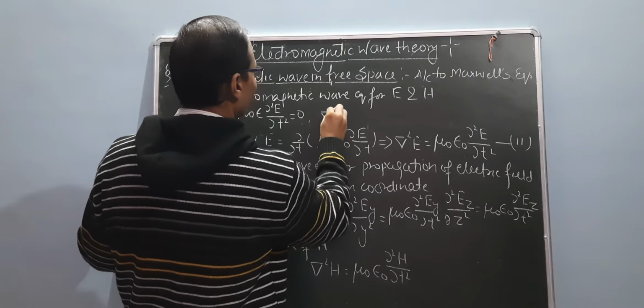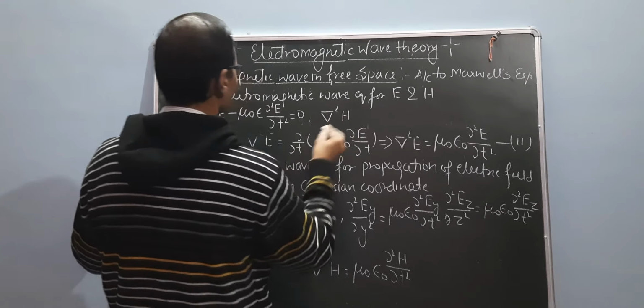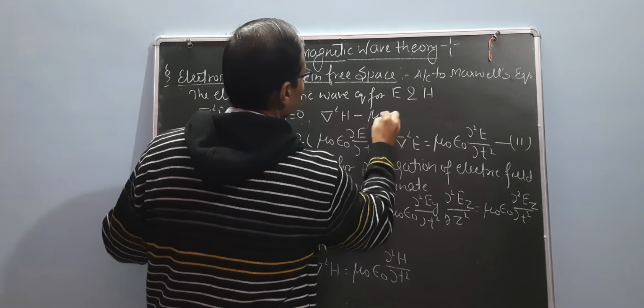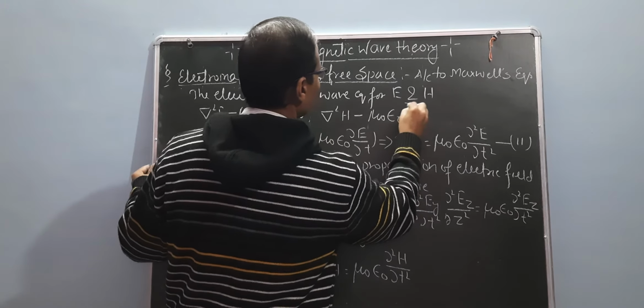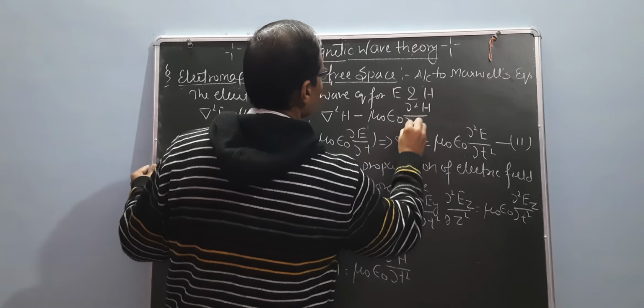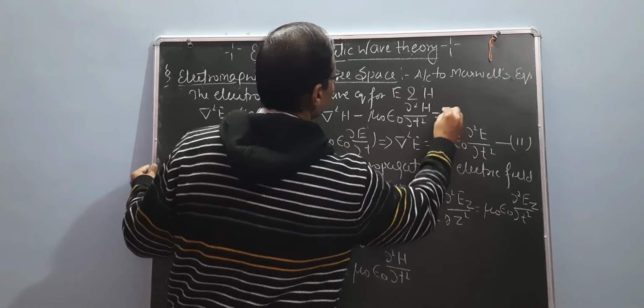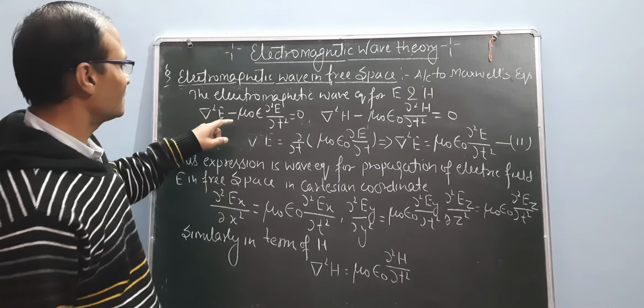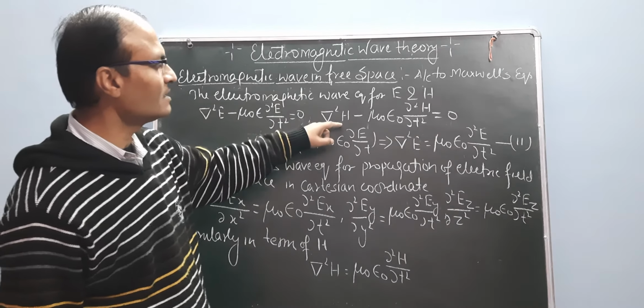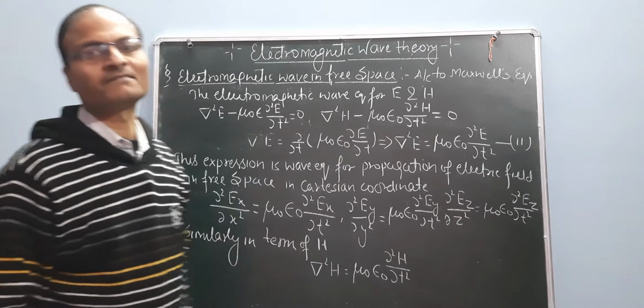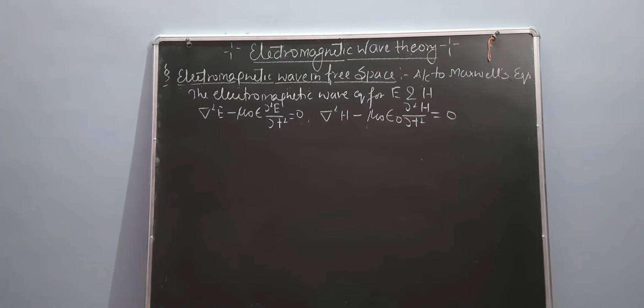Similarly, del square H minus mu naught epsilon naught del square H upon del T square equal to 0. This is the electric field equation and this one is the magnetic field equation.